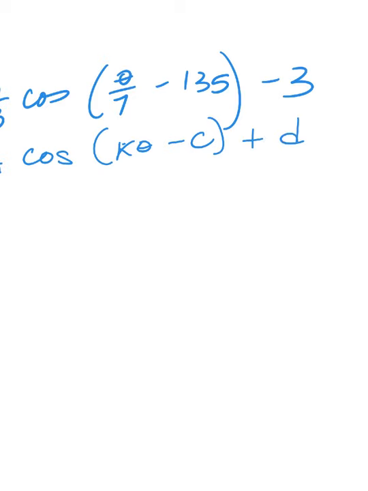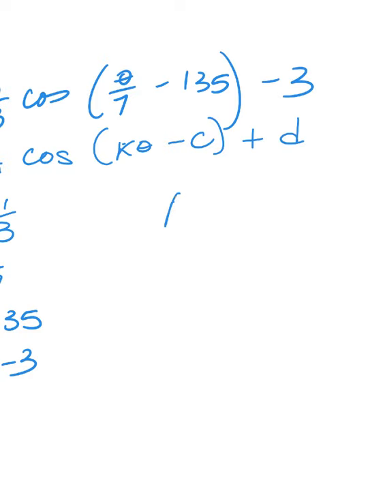So your A is going to be 1/3. Your K is going to be 1/7. Does everybody understand why it's 1/7? It's theta over 7, which is 1/7. Your C is going to be 135, and it's negative. And your D is going to be negative 3. And then you're going to answer the question.